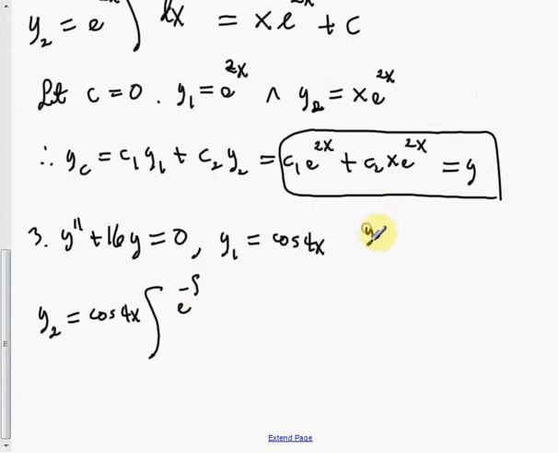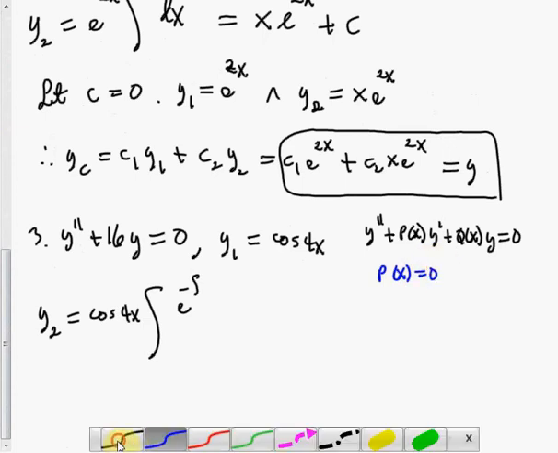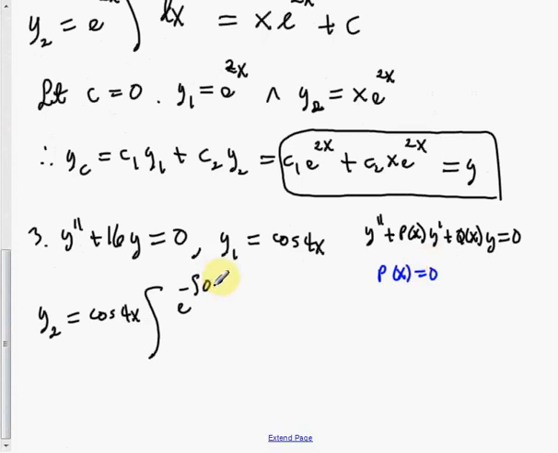Remember again, it's y double prime plus p of x y prime plus q of x times y equal to 0. So for this problem, p of x is 0. So this is 0 dx all over the first solution, and we square that.